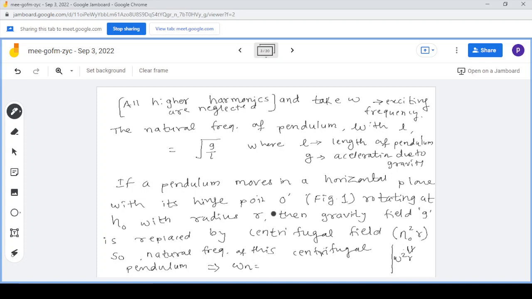So we will replace the g by n0 square r, right? So we will have n0 outside, and we can write it as root of r by l into n0, or r by l raised to half into n0. Okay, so this is the formula of omega n that we are going to get for a centrifugal pendulum.